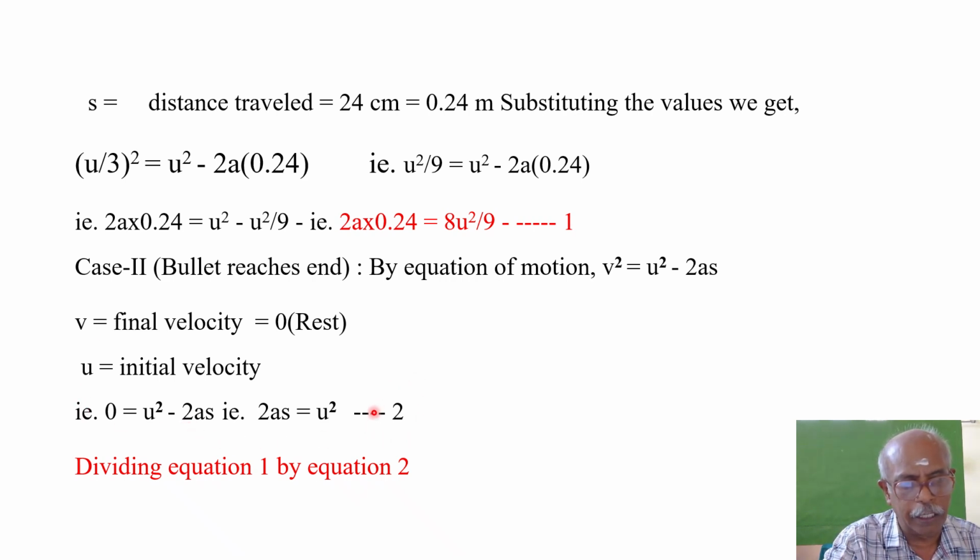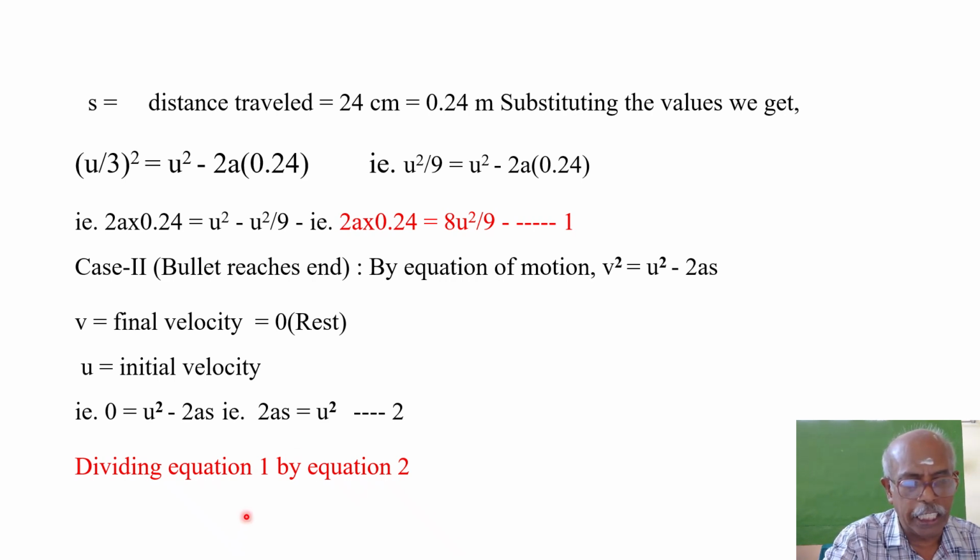This is equation 2. What is equation 1? 2a into 0.24 is equal to 8 by 9 u square. What is equation 2? 2as is equal to u square.